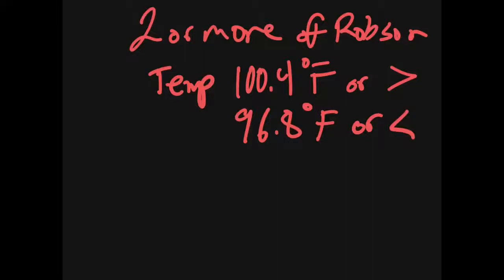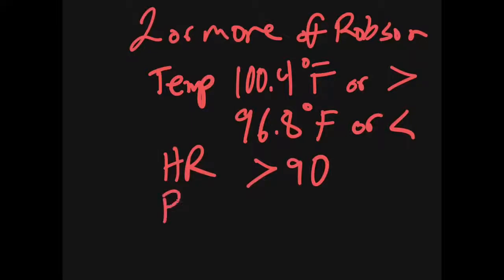Or less. Okay, if they have a heart rate that is greater than 90, that's still the same. Now, the Robson criteria use a respiratory rate greater than 20 per minute.